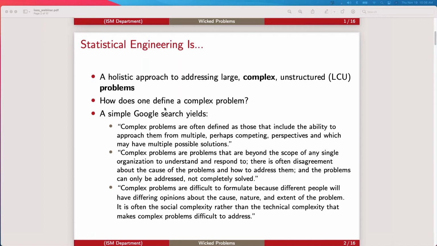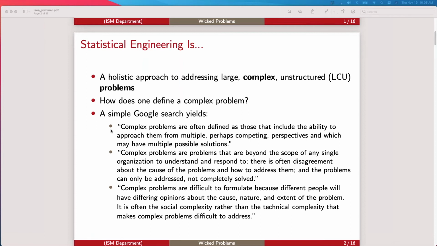But a simple Google search yields quite a bit. Here's three definitions here. Complex problems are often defined as those that include the ability to approach them from multiple, perhaps competing perspectives, and which may have multiple possible solutions. Makes sense, pretty complex. Complex problems are problems that are beyond the scope of any single organization to understand and respond to.